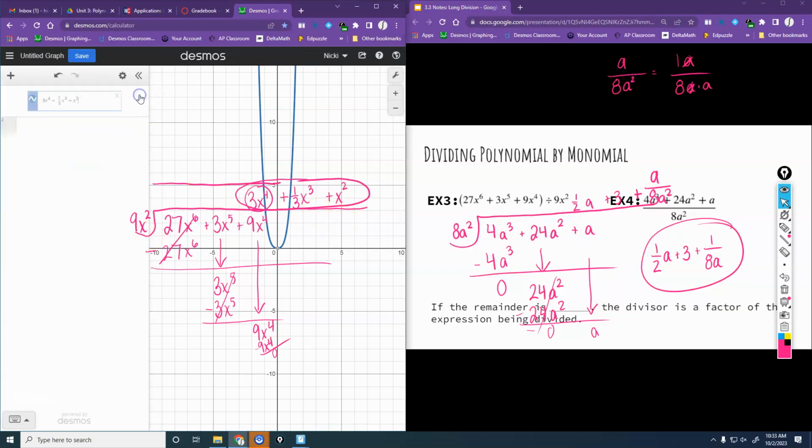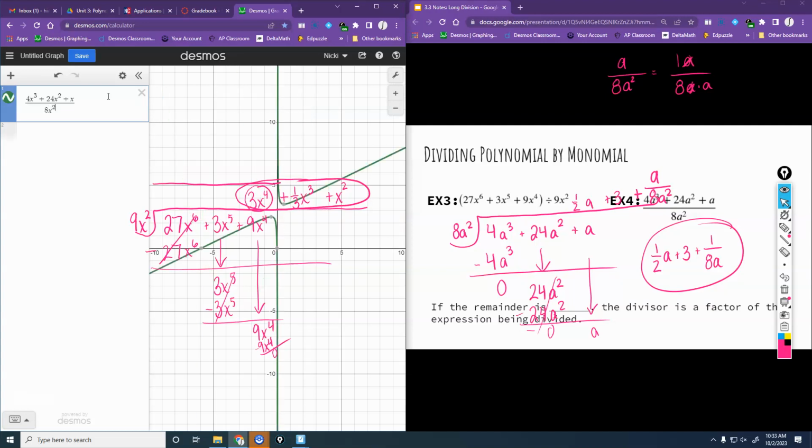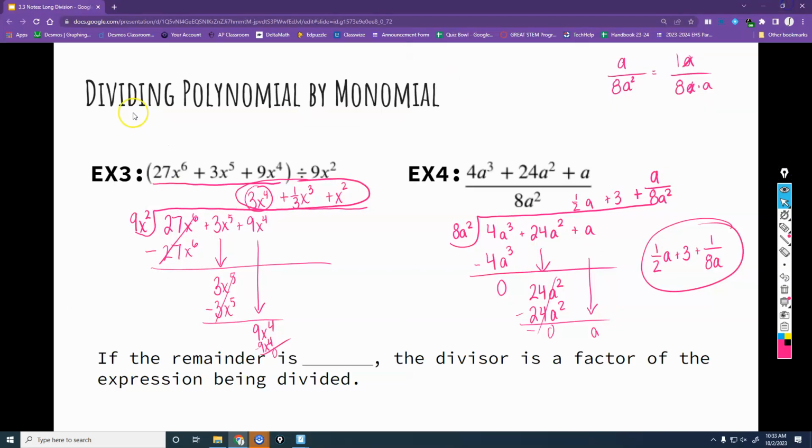Alright, so I'll use an X, not an A, because Desmos doesn't like that A. So if we graph that, and then we graph 1/2 X plus 3 plus 1 over 8X, we see those are the same graphs, so we've done it correctly. Okay, questions?